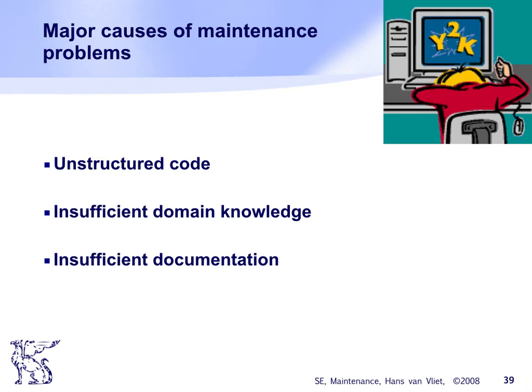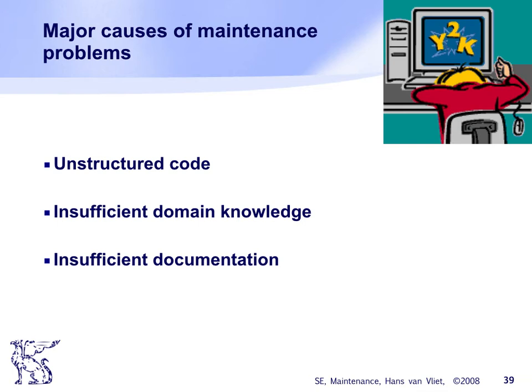So a major issue in software maintenance is to gain a sufficient understanding of a system from its source code. If the source code is not well structured, if it's spaghetti-like, then it's less easy for the developers to understand the source code and hence understand the problem better. So this insufficient understanding results in changes that may have ripple effects and may incur further maintenance tasks.